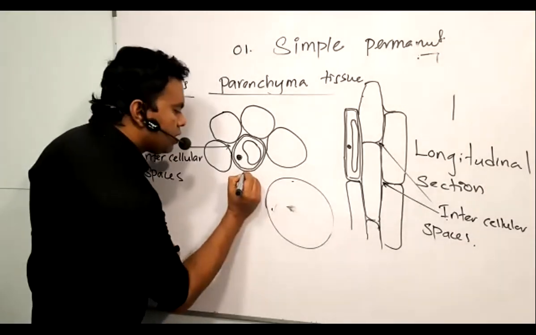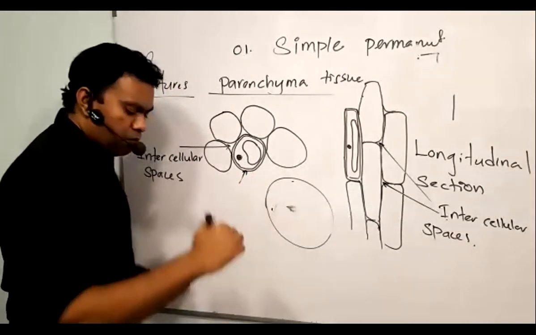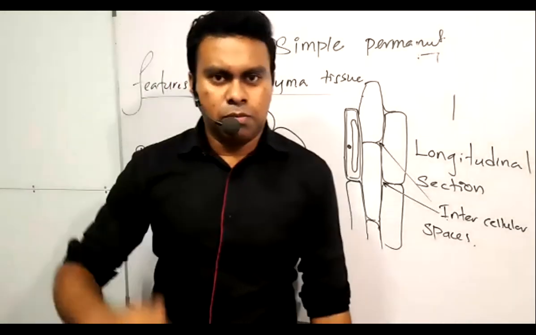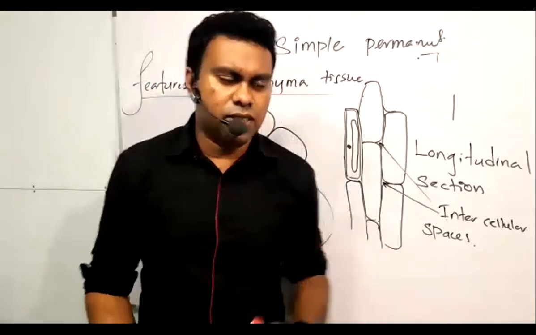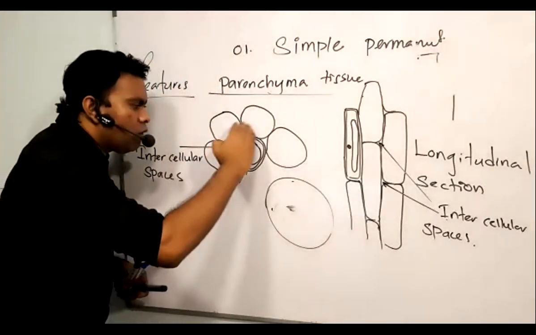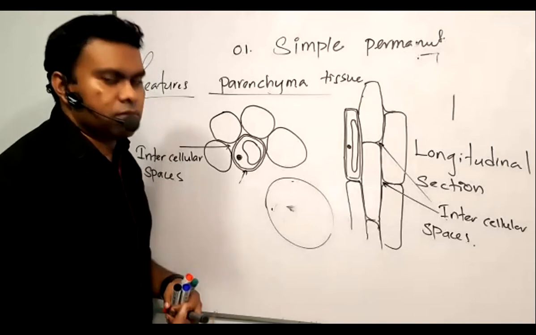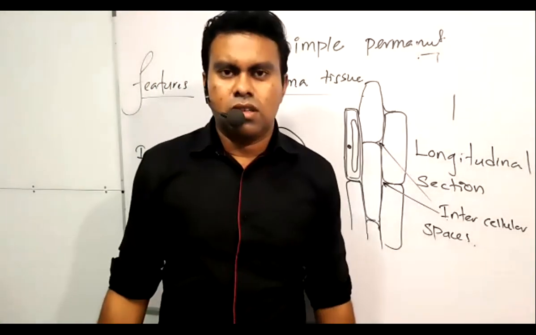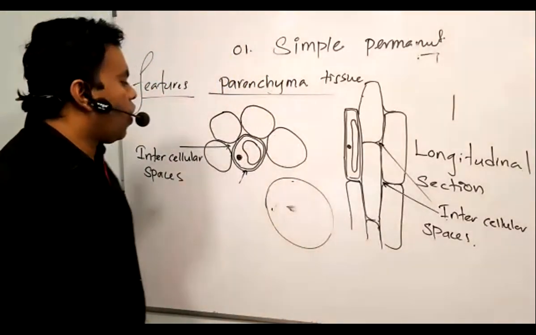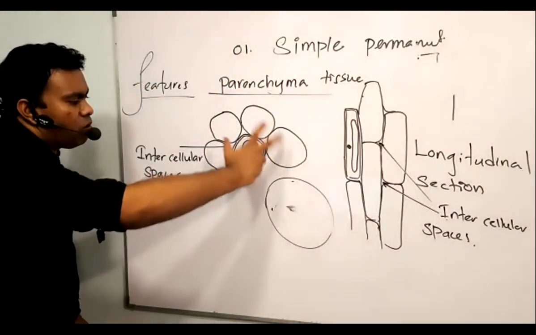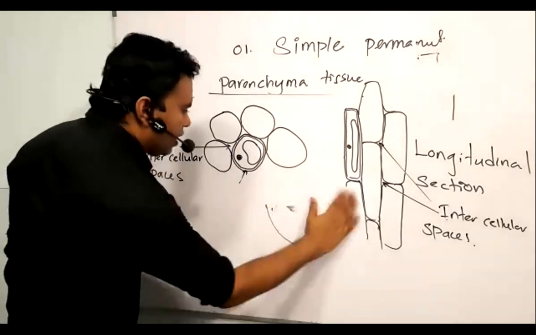What about this cell wall? Only the primary cell wall is there. And it is thin. Okay, next take down. Cell wall is thin. And only primary cell wall can be seen. What's that?